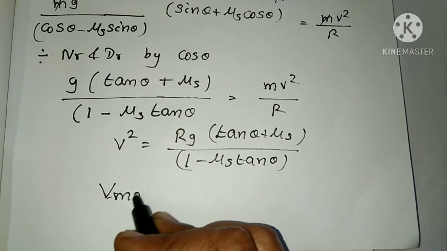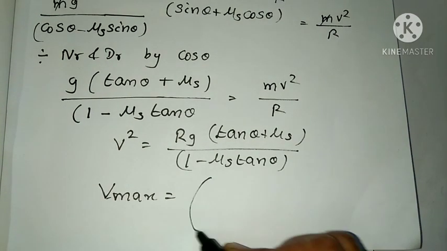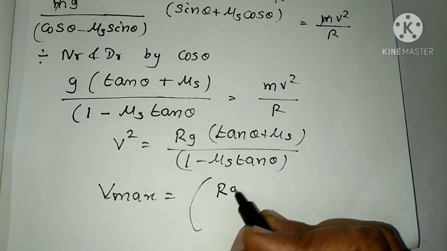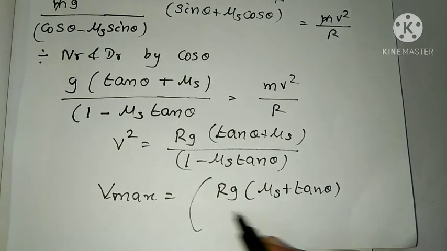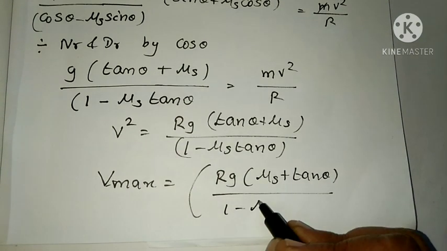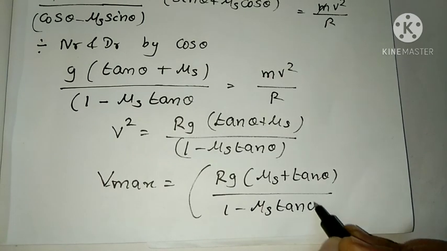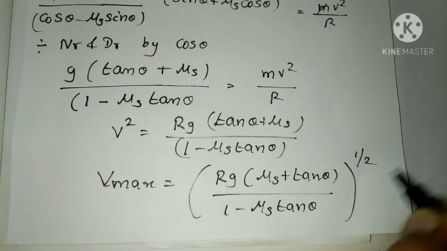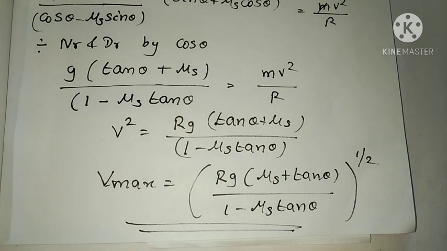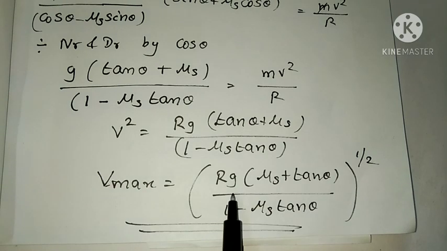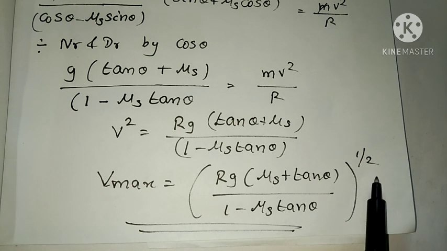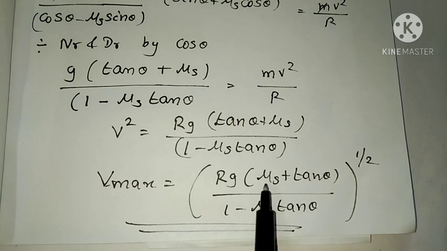That is v maximum equal to root of rg into (mu s plus tan theta) divided by (1 minus mu s tan theta), the whole raised to 1 by 2. Okay, so this is the maximum speed of the car on the banked road.